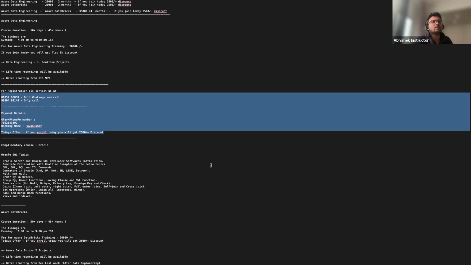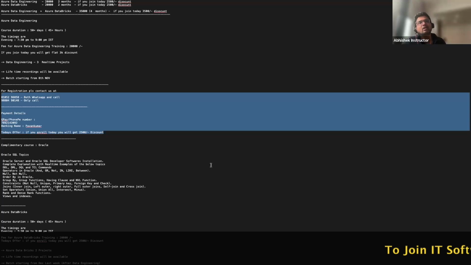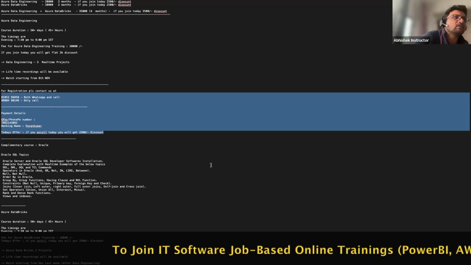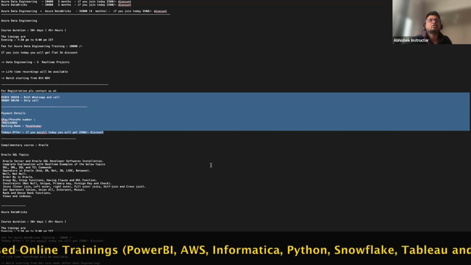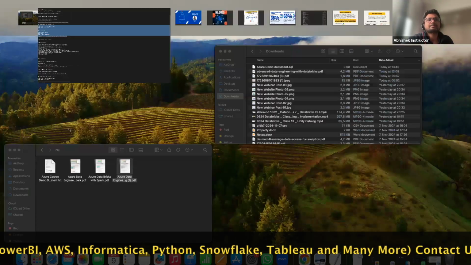But we will not go into Spark and Spark processing in that particular course. We'll talk basic to mid level of Databricks. We will not talk about advanced features of Databricks, like Unity Catalog. In the Azure Databricks and Spark course, we will talk about all of that. Now, if you want to learn both advanced Databricks and Spark processing and also Azure Data Engineering, then you should enroll for both of the courses.